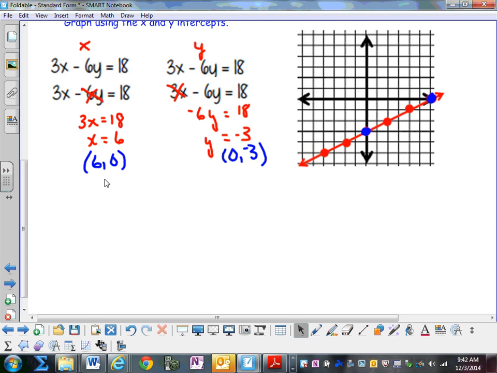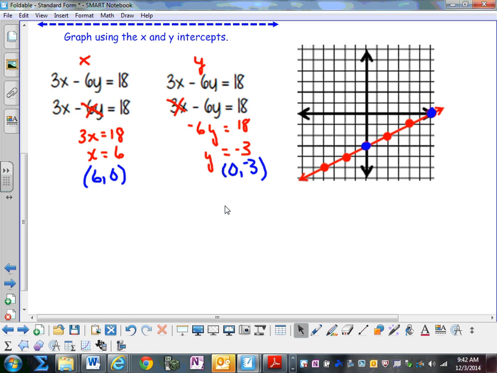So my x-intercept is 6, or crosses the graph at 6, 0, and my y-intercept is negative 3, which crosses the graph at 0, negative 3. So in this instance, you could graph either way, and actually graphing using the x and y intercepts was probably faster.